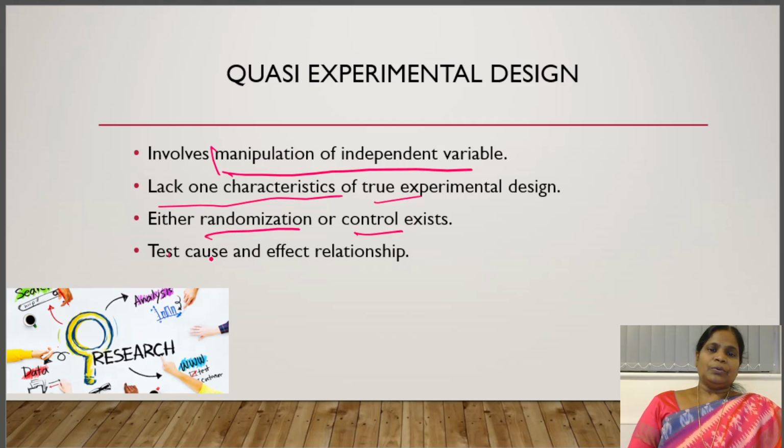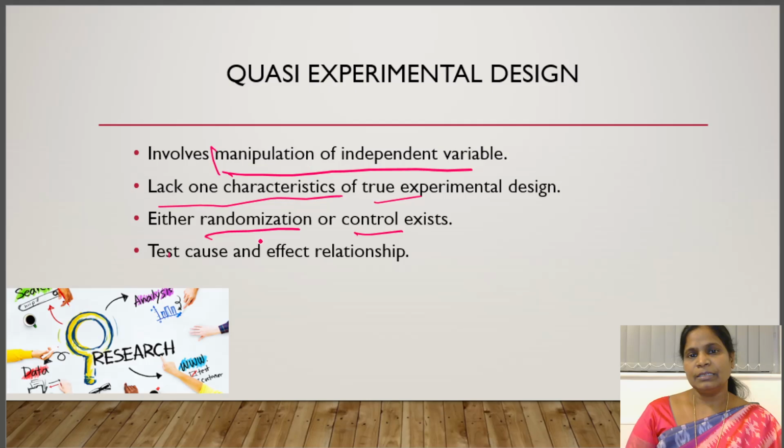Coming to the test, it also tests cause and effect relationships. Either any of that will be missing, but some of the elements will be present: either randomization might be present and control might be missing, or control may be present and randomization may be missing, while manipulation of the independent variable is present.